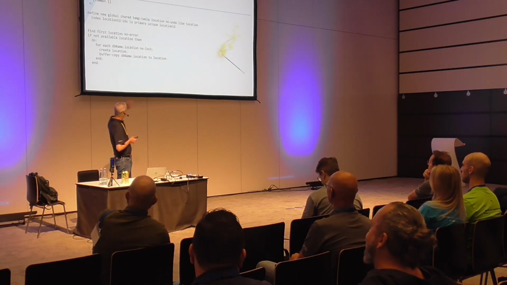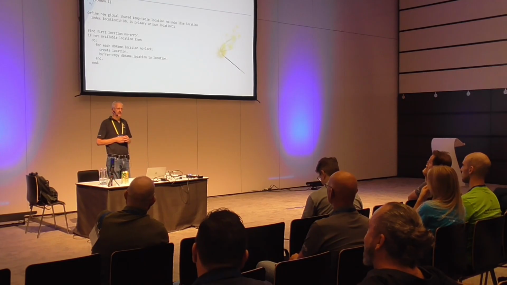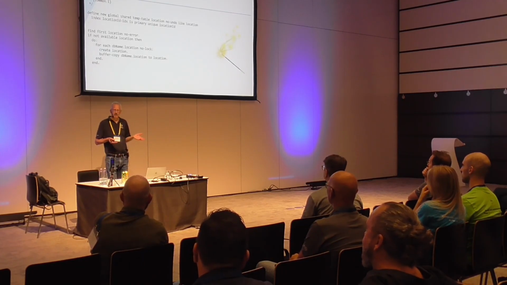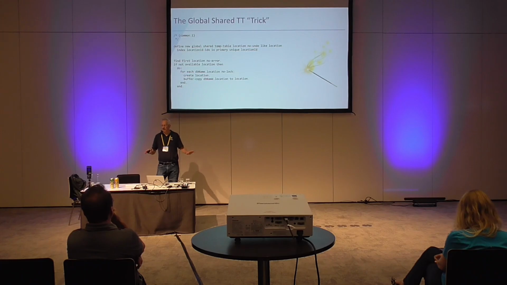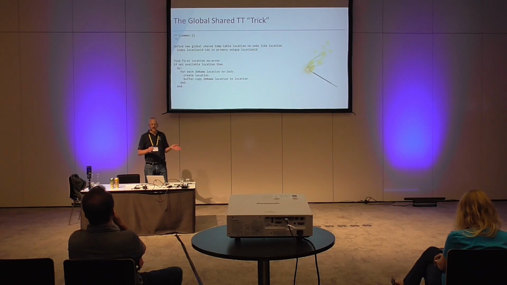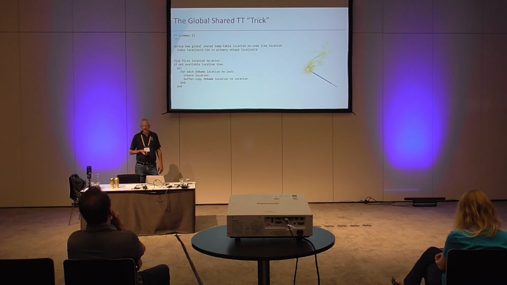So you declare that temp table, and now every reference to that table name is going to be replaced with the temp table. You don't even have to change any other code. You don't have to change the name to TT location. You can just use the original name. And then what you do is check to see, are there any records in that temp table? Oh, no? I must be the first one here, and fill it.